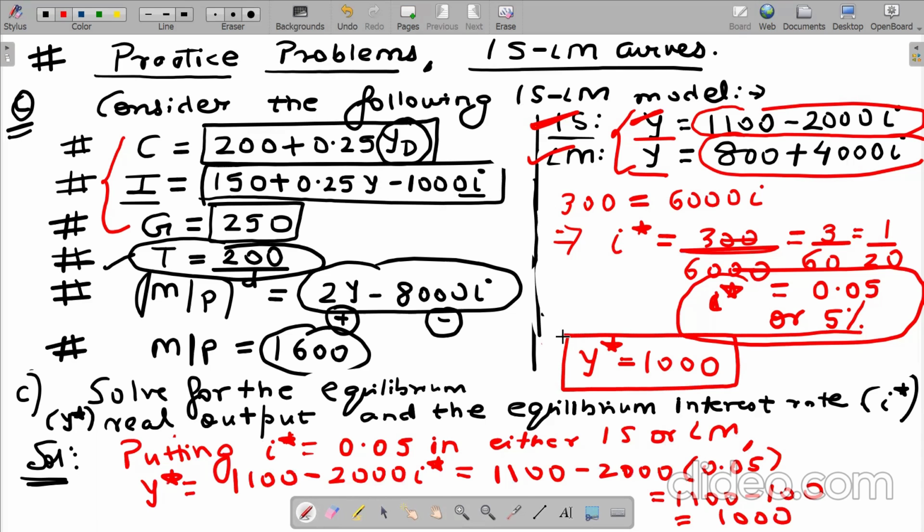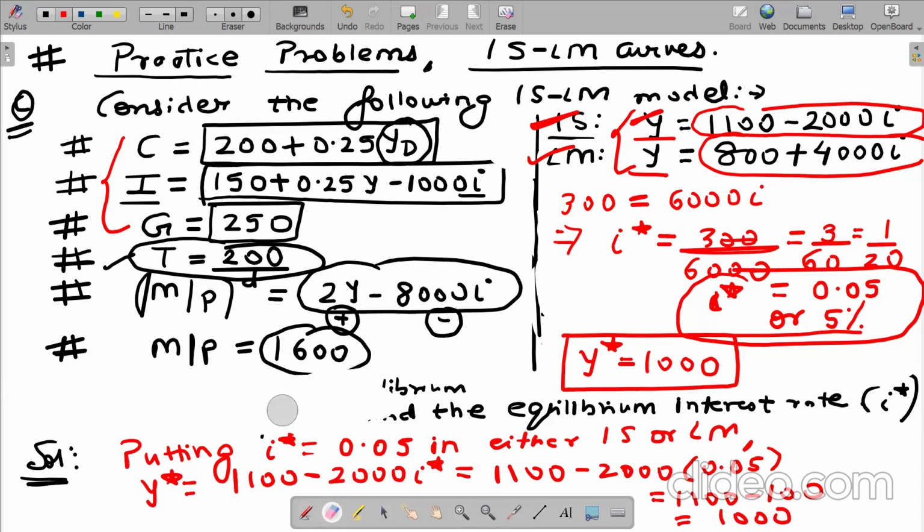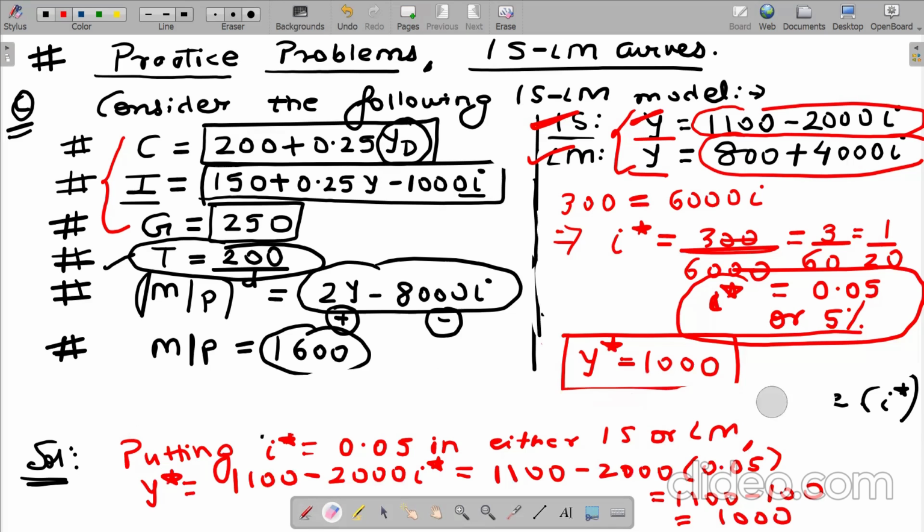And then the last part asks us to draw the IS and the LM curve. So if I erase part C, the question now asks us to draw. Part E is draw the IS. This is part D. Let me correct myself. Part D, draw the IS and LM.